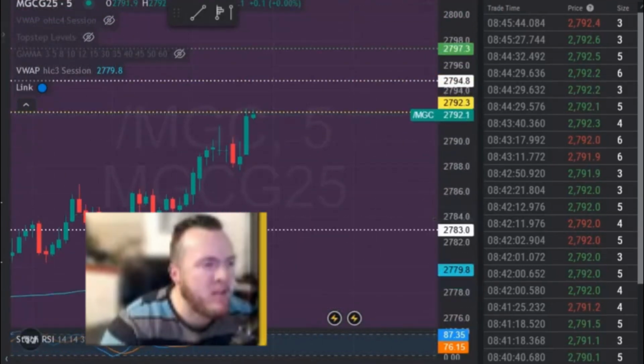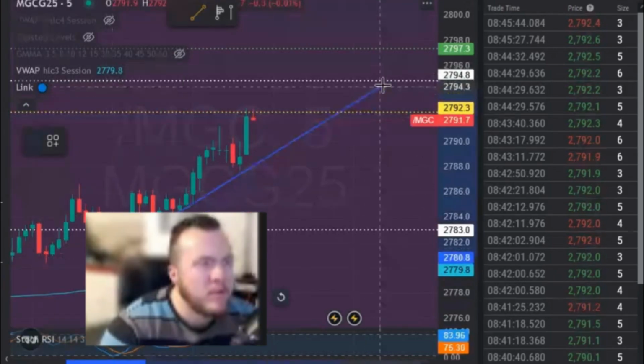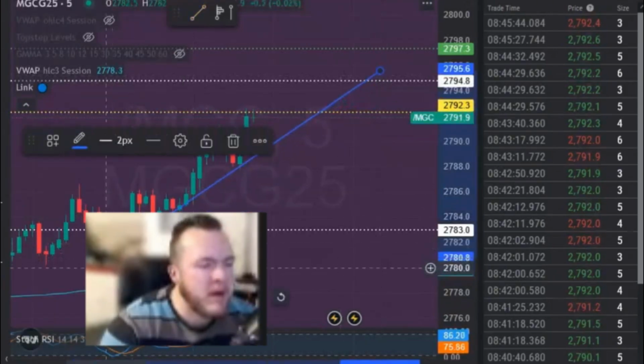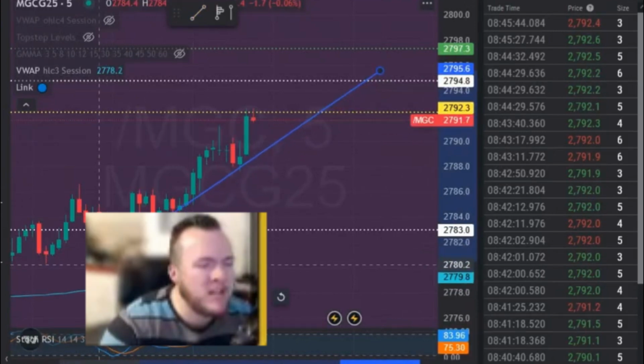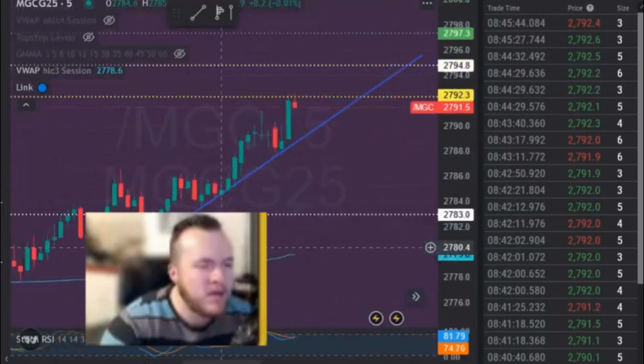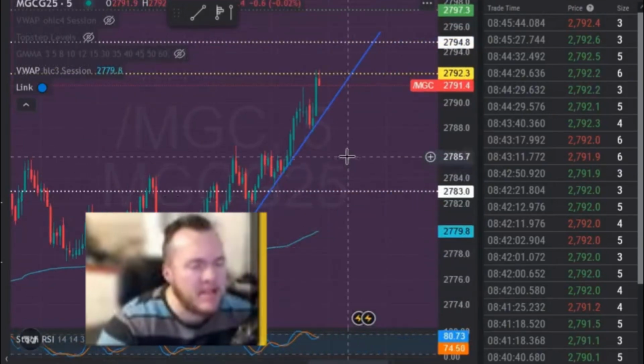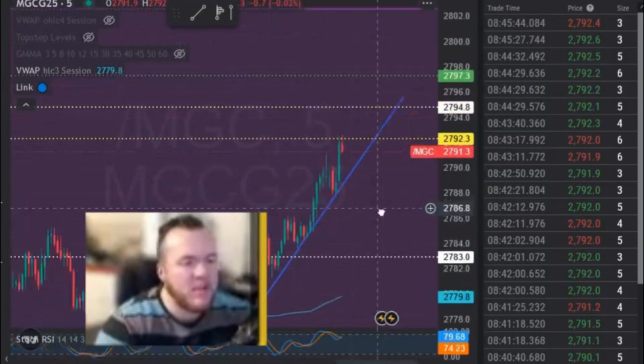Now, if we draw a trend line, right? So on this longer term here, it's not a great trend, honestly. Right now, it seems like it's more of a channel than it is a trend straight upwards.